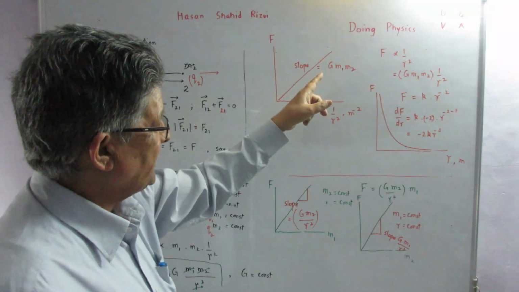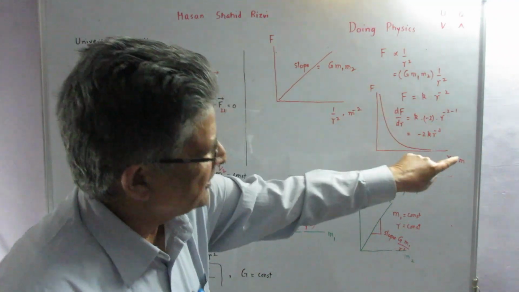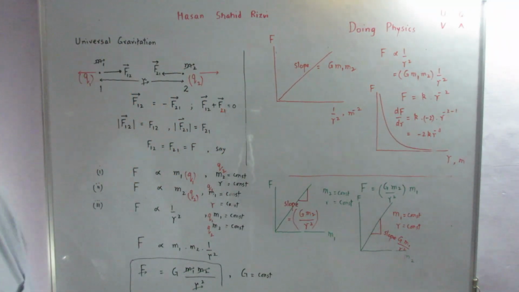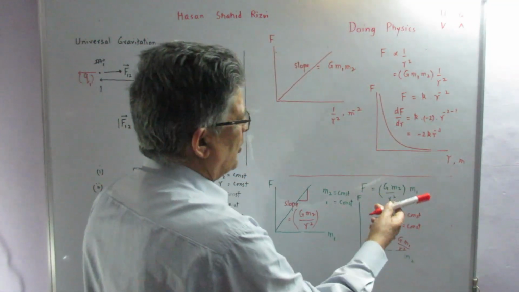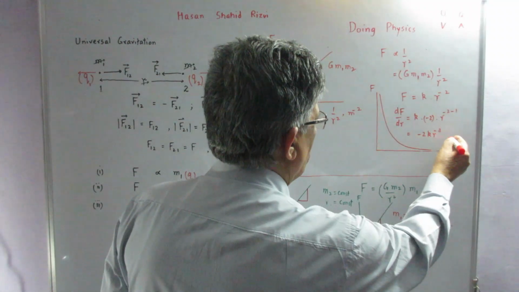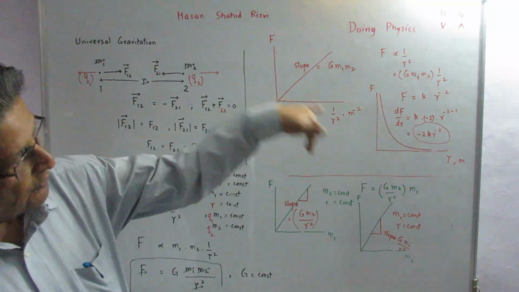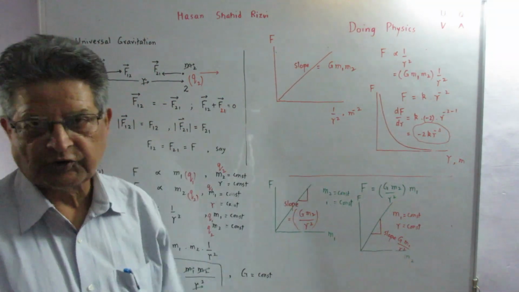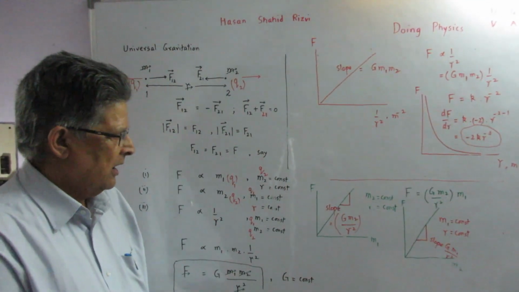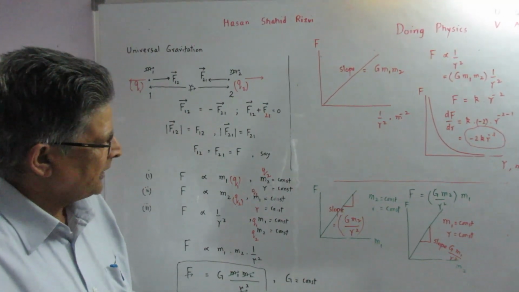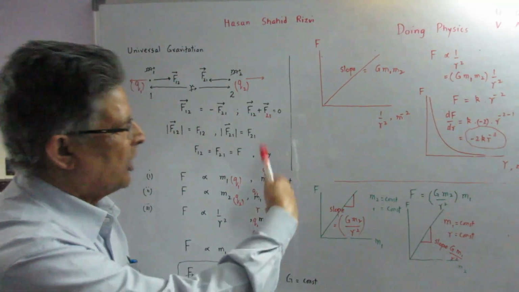The relationship is linear. But when I make this a function of R, then we see that this is a kind of nonlinear function where the value of the slope is -2 into K into R raised to the power of -3, which vanishes very fast. Okay, so this is it for today, and in the next lecture I'll discuss more about it, and I give you time to ponder over.